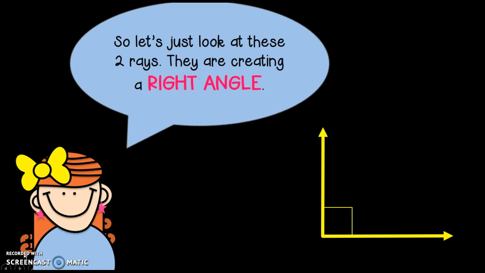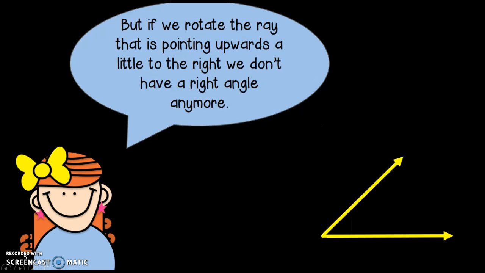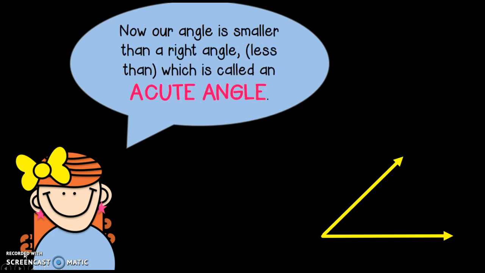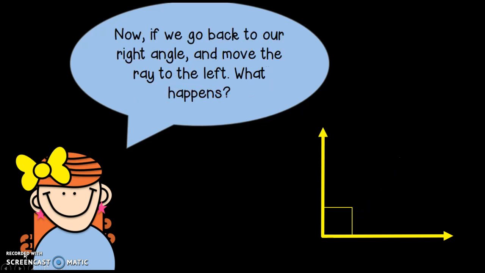So let's just look at these two rays. They are creating a right angle. But if we rotate the ray that is pointing upwards a little to the right, we don't have a right angle anymore. Now our angle is smaller than a right angle, or less than, which is called an acute angle. Now if we go back to our right angle and move the ray to the left, what happens?